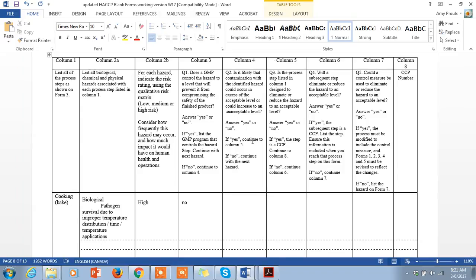Is it likely, so in column 4, is it likely contamination of the identified hazard could occur in excess of an acceptable level or could increase to an unacceptable level? So think about this. In certain cases, hazards may be present, but they may be at such a low level that it's not going to be causing a human health impact. So for example, in the case of rice, there is a known threshold for the presence of arsenic in rice.